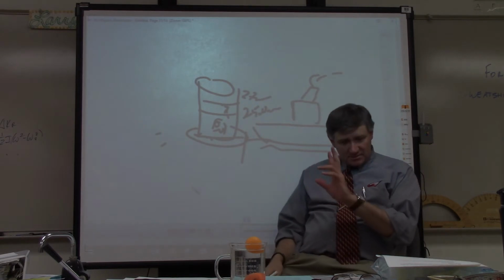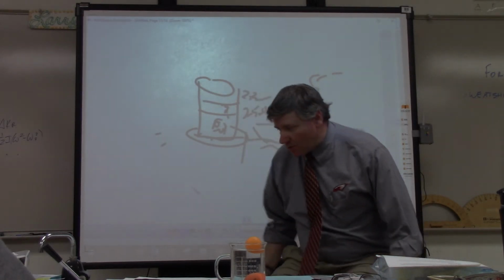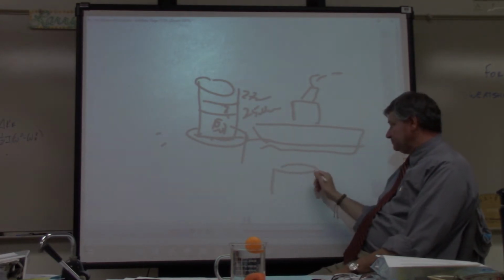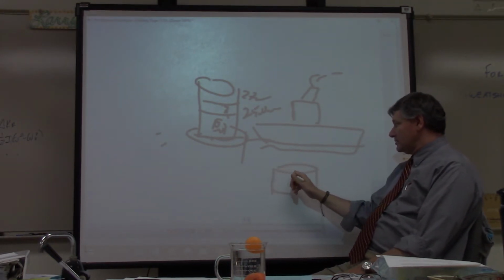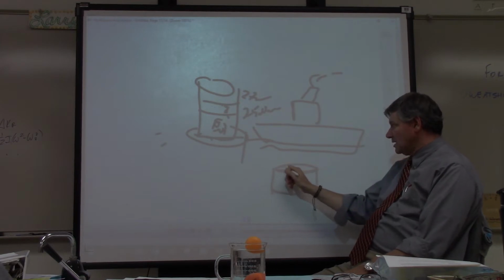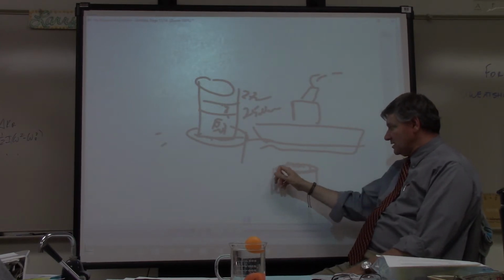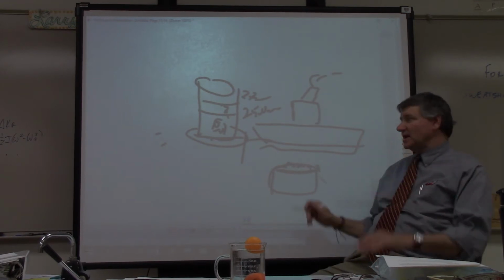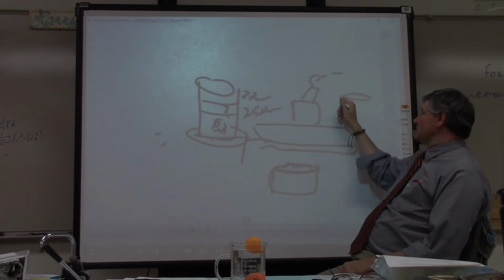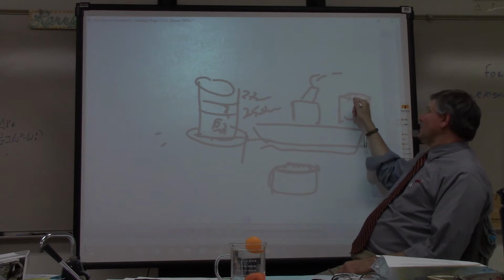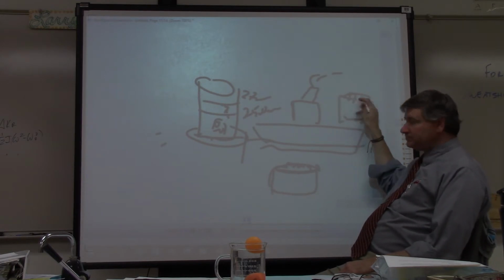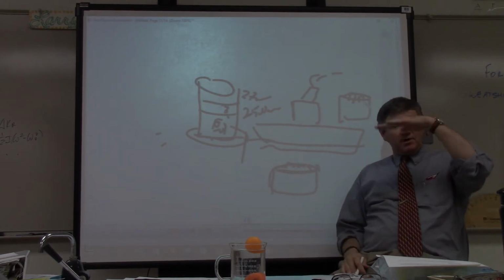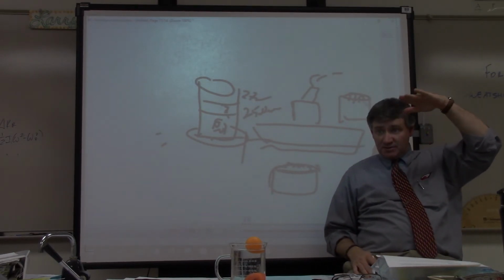Now, here's kind of a common question. Let's say that we take a beaker of water and we fill it up to the brim, and then we put ice cubes in it. Obviously some of that water is going to overflow. So visualize this. I've got a beaker completely full of water, all the way up to the brim, but then I've also got some ice cubes in it, and part of that ice cube is floating above the surface.